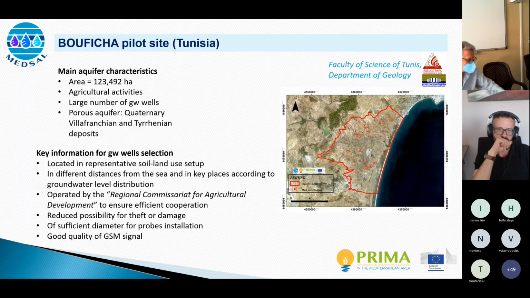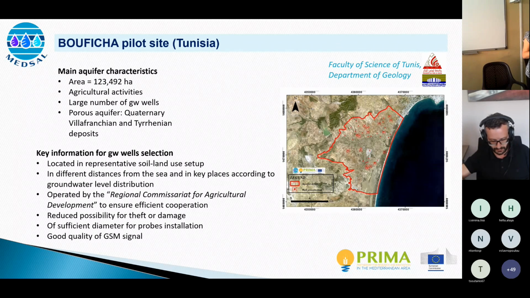The result is a continuous increase of salinity and a continuous decrease of piezometry. So to preserve and protect this resource, besides the seasonal monitoring, we have installed sensors to continually monitor some parameters in the Bufisha groundwater aquifer.